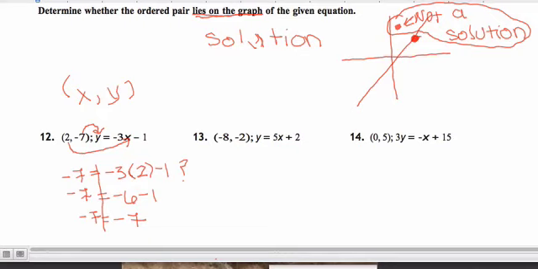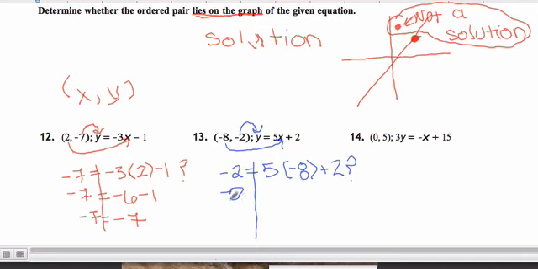Now let's look at the next example. Again, I'm going to take my y and plug it in where the y is. I'm going to take my x and plug it in where the x is, and we're going to see if this is true. Is -2 equal to 5 times -8 plus 2? And this is a question.